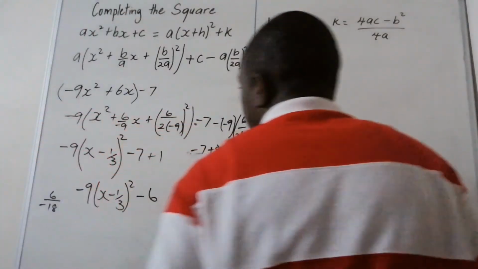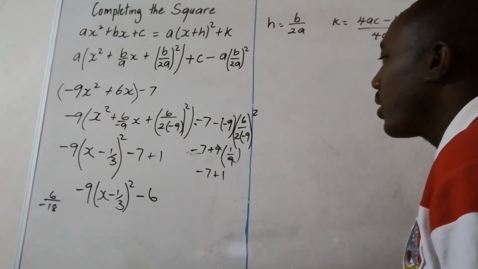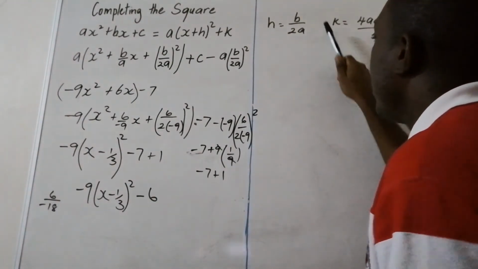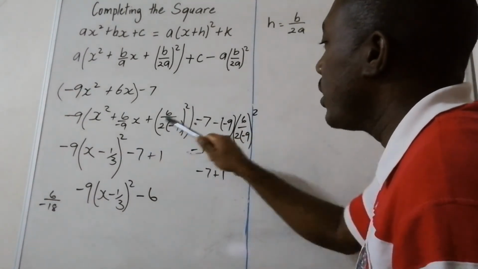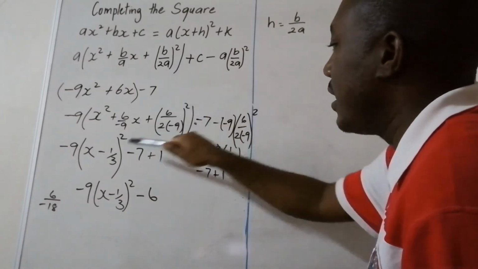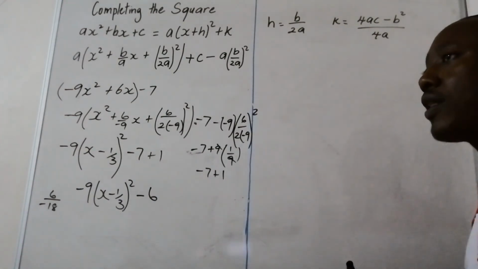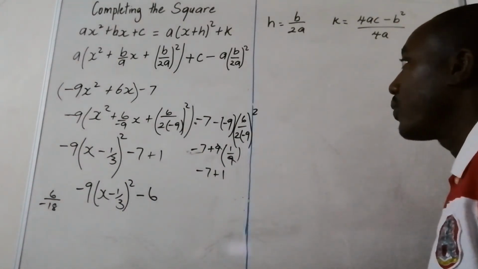Now notice that when we're working this out, the formula method, each portion here, remember b over 2a, that is h, that is what we put here. So the formula method is just us simplifying all that we have to do, right?